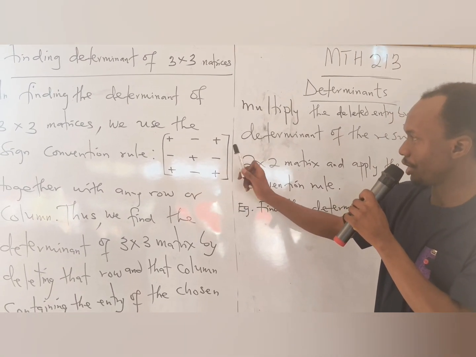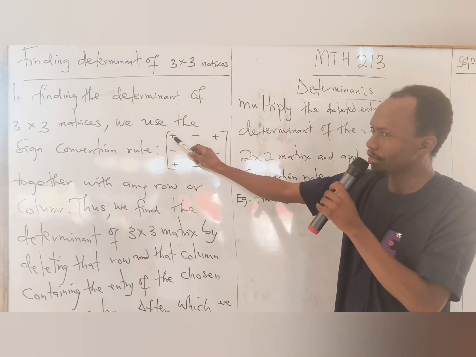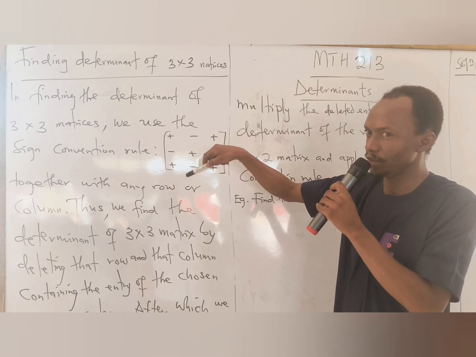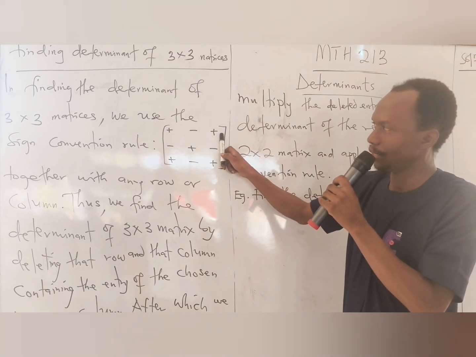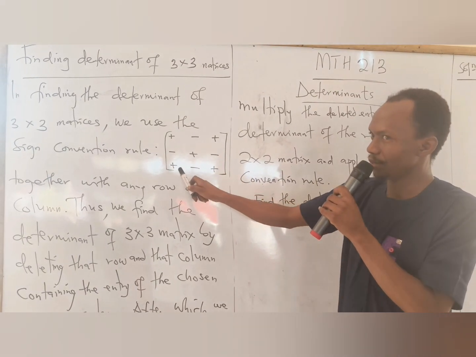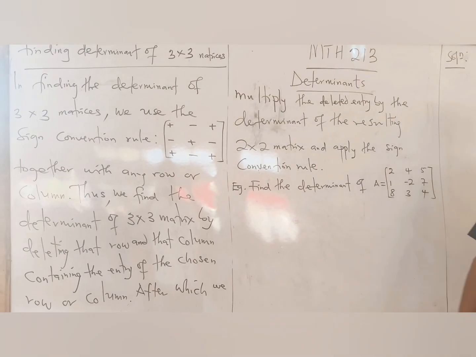The sign convention rule is just about making sure that no sign is repeated after the preceding one. If it's plus here, the next will be minus, the next plus, in that order. That's the meaning of the sign convention rule.